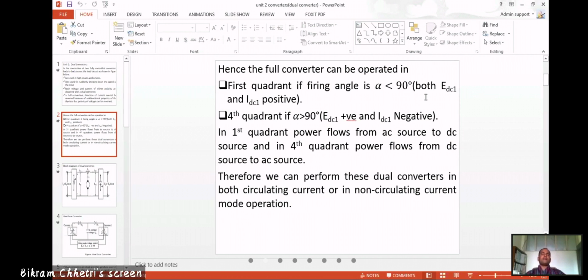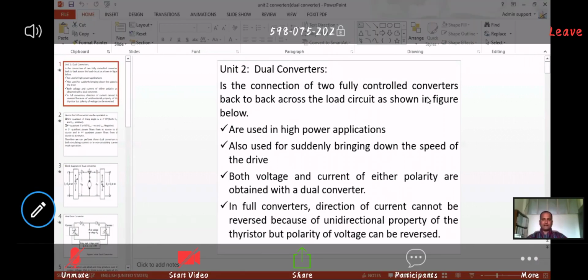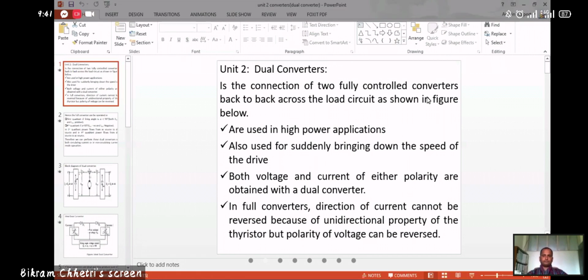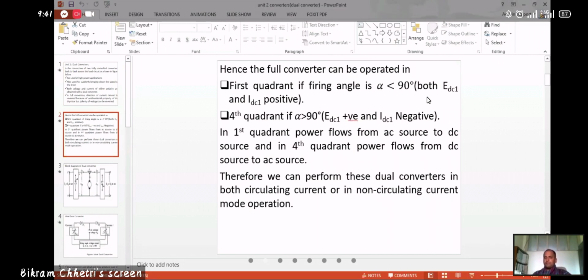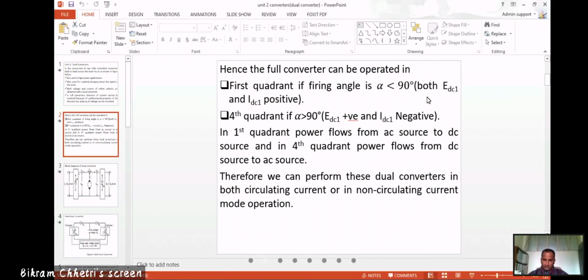When the firing angle alpha is greater than 90 degrees, it operates in the fourth quadrant, where EDC1 will be positive and IDC1 will be negative. So this is how it operates.